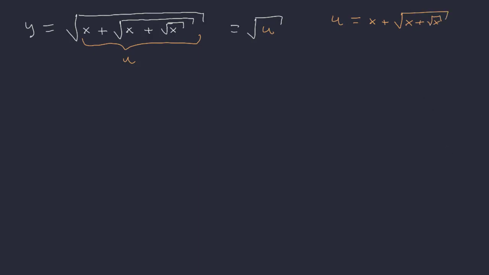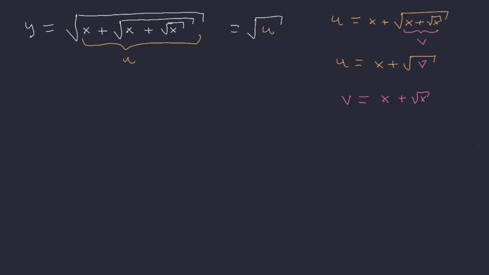Okay, well, I'm going to now take this funky stuff on the inside and call that v. So our u is just x plus the square root of v, okay, where v is x plus the square root of x.